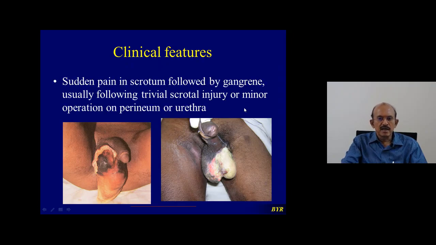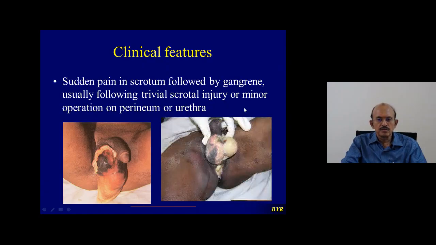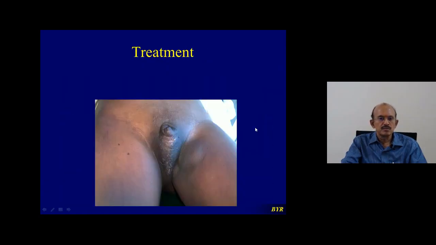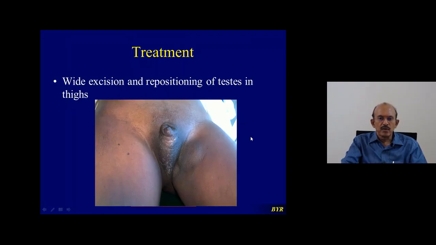There will be sudden pain in the scrotum followed by gangrene, usually following trivial scrotal injury or minor operation upon the perineum or urethra. Treatment: wide excision and repositioning of the testis in the thighs. So you remove all the gangrenous scrotum, then keep the testis in the thighs.